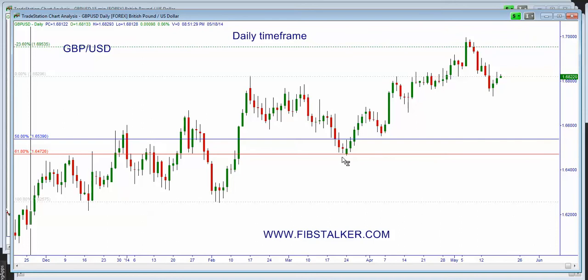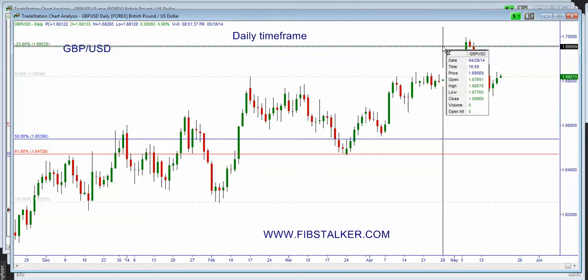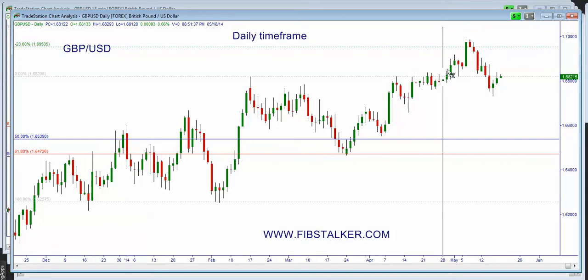Besides that, price was picked up by the daily and the 4-hour time frames, and price was brought anyway into this first target. However, when that happens, we know that we get brisk selling from those levels, from the first target level, and that's exactly what we are getting at the moment.